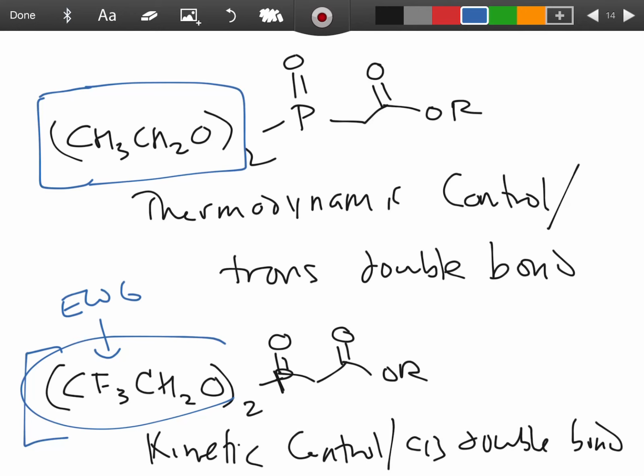Maybe it's 5-to-1 or 6-to-1, which sounds pretty good, but if you make a gram and you have a 5-to-1 selectivity, that means you get to keep about 860 milligrams of what you want, and you throw away 140.